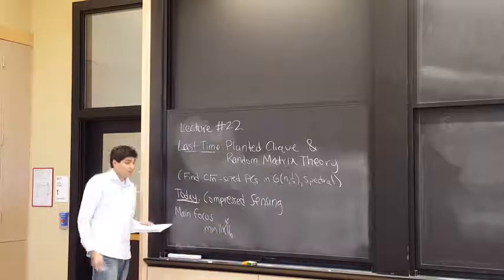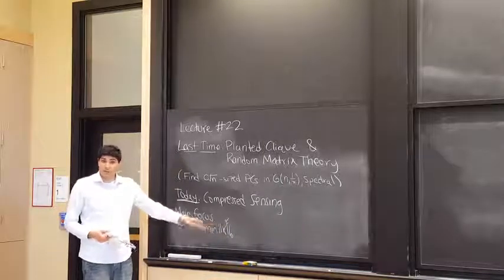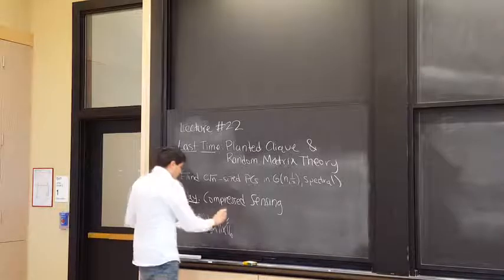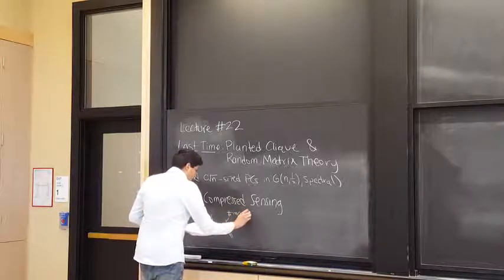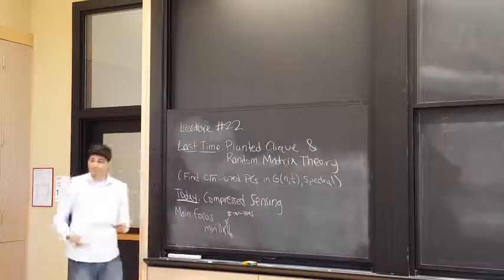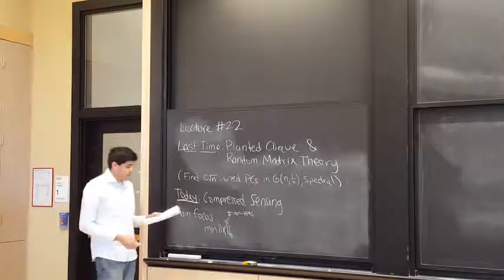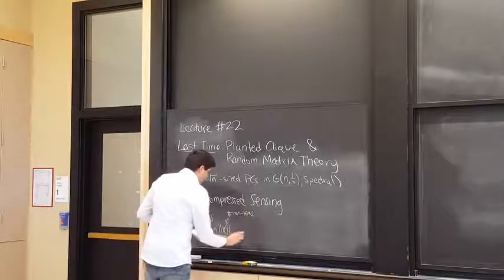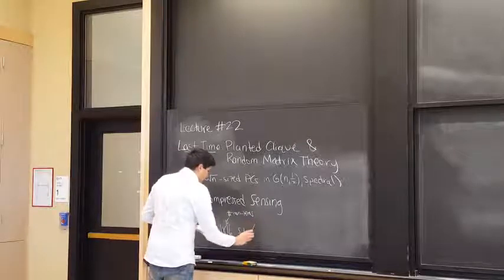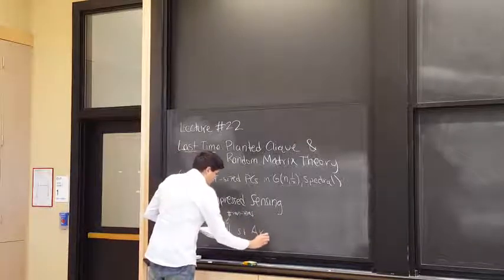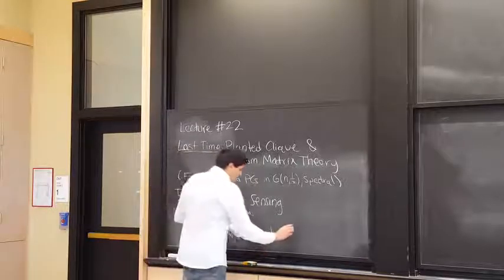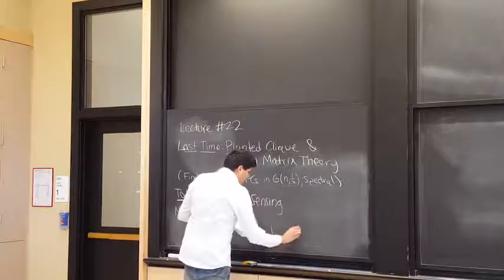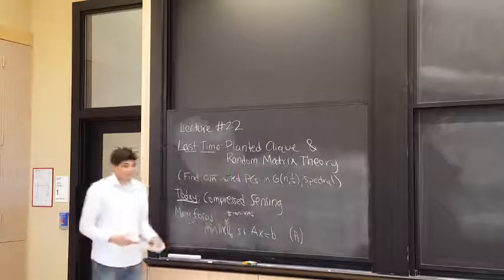So here I'm going to use the zero norm, even though it's not really a norm, to denote the number of non-zeros. Given some vector x, it just spits out the number of entries in x that are non-zero. Your goal is to find the sparsest vector that solves some linear system where A and b are given to you. I'm going to call this optimization problem P0.